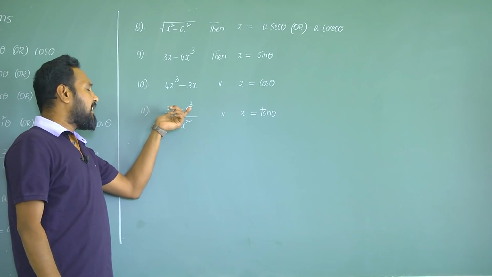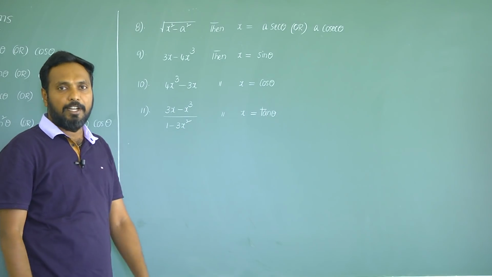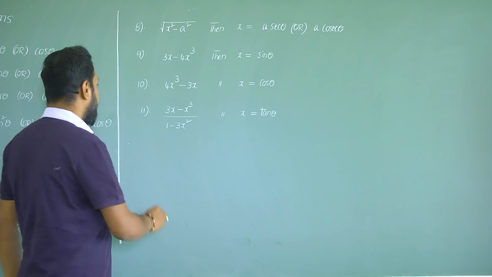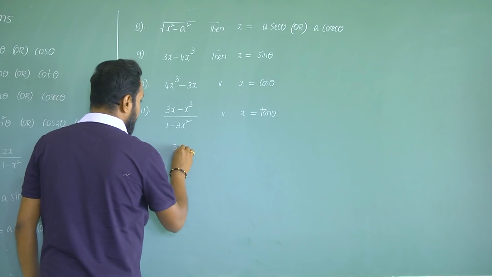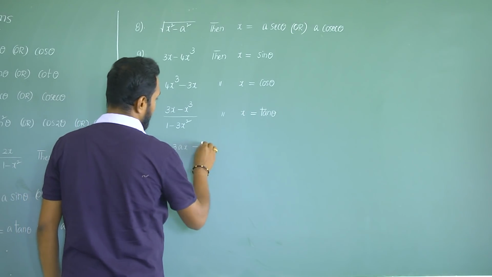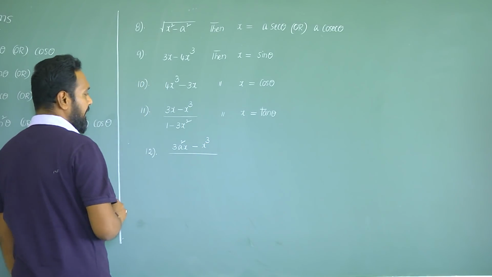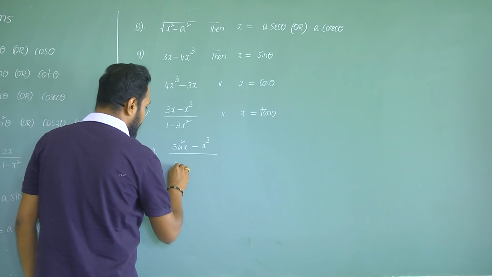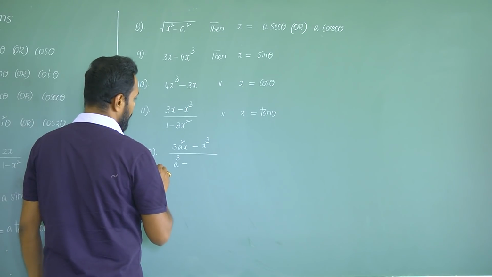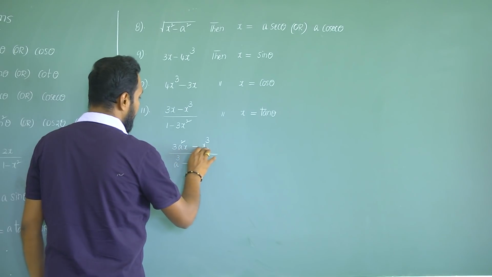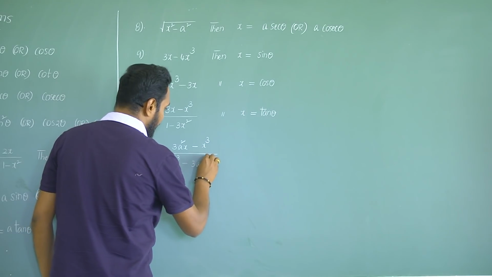If I substitute, 3 tan theta minus tan cube theta divided by 1 minus 3 tan square theta is tan 3 theta. 12th one. 3a square x minus x cube divided by a cube minus 3ax square.